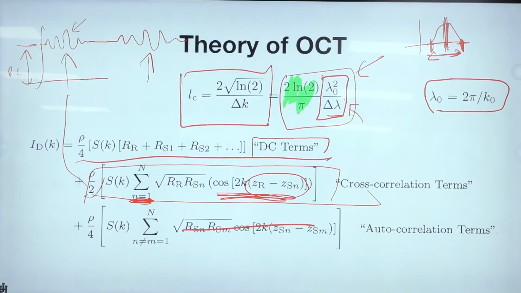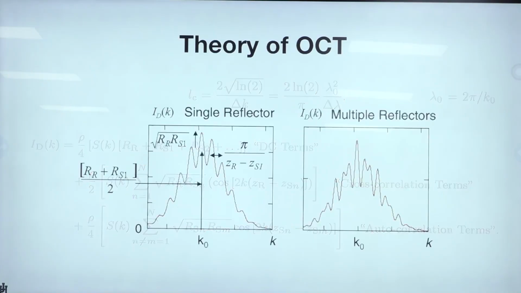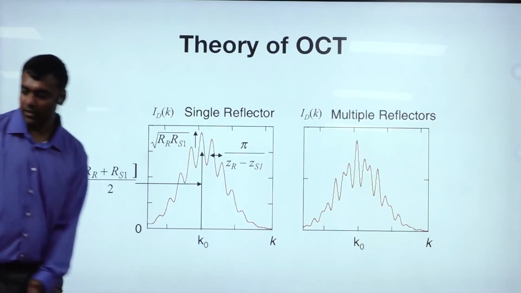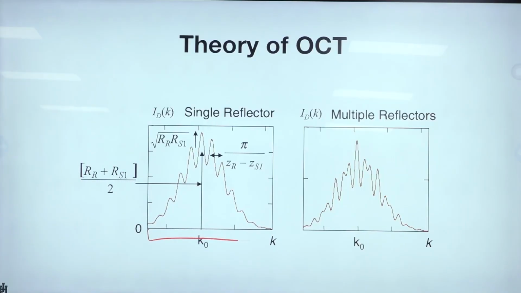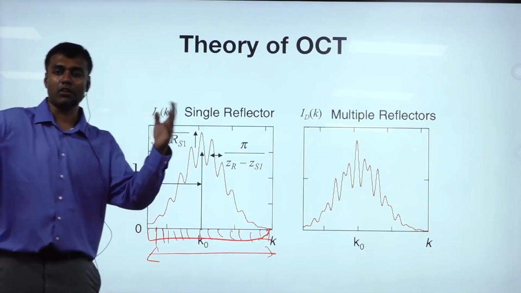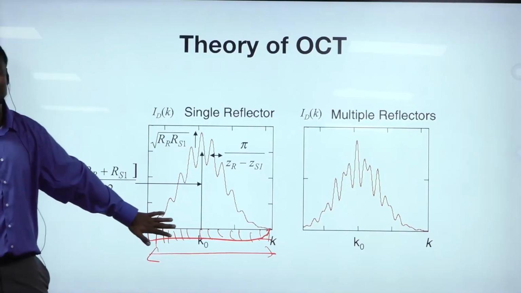If you want to show this graphically, if you use a spectrometer and make a measurement, what do you see? These are different spectrometer detectors, say detector 1, detector 2, 3, 4, and so on. If you put in a prism and split the light into different wavelengths and look at just the raw data that comes out of the spectrometer, it looks something like this.